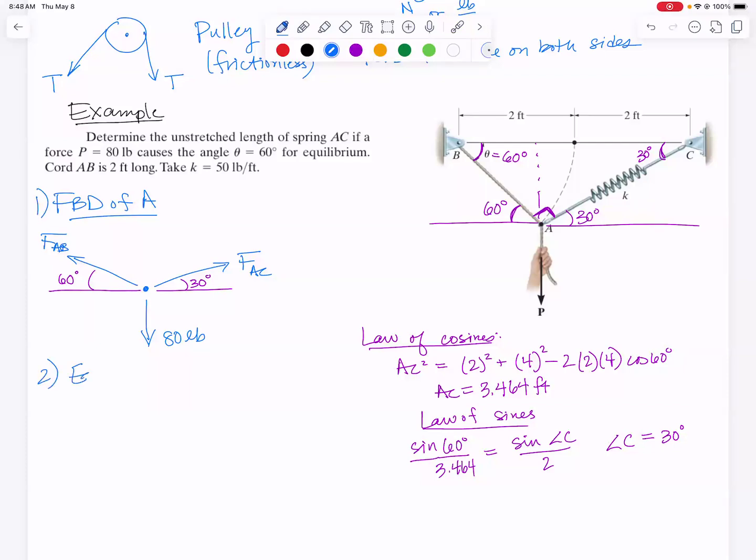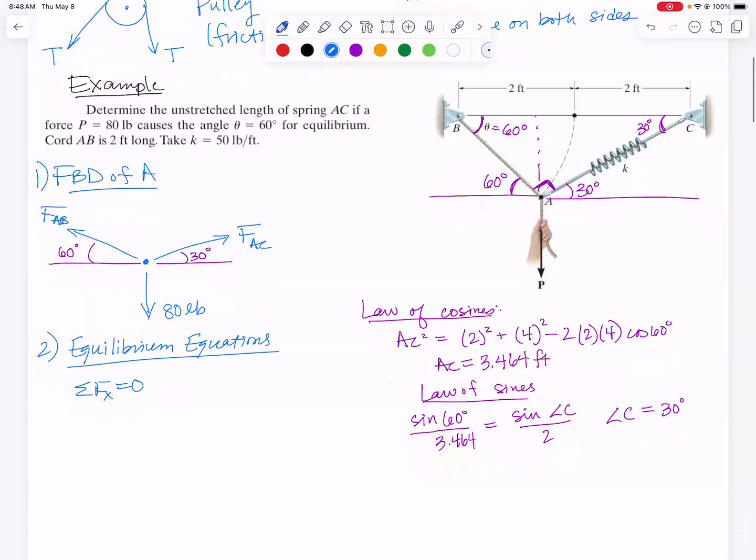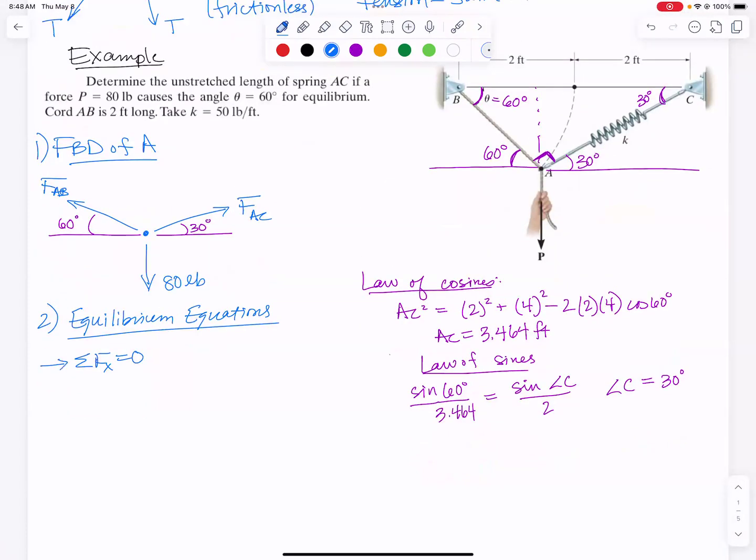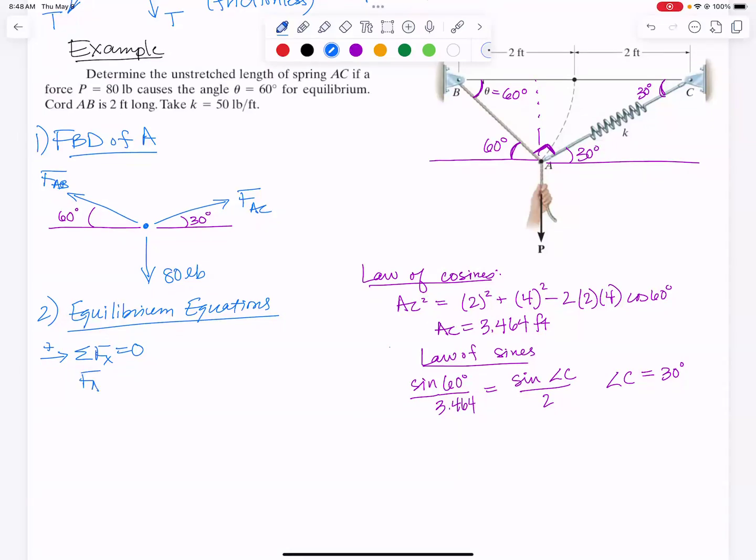Step 2 is what I call the equilibrium equations. They look like this. I'm going to add up all the x components of the force and they have to equal 0. I like to choose a sign convention such as right being positive. So what I'll end up with is FAC times the cosine of 30 will give me the x component of this.